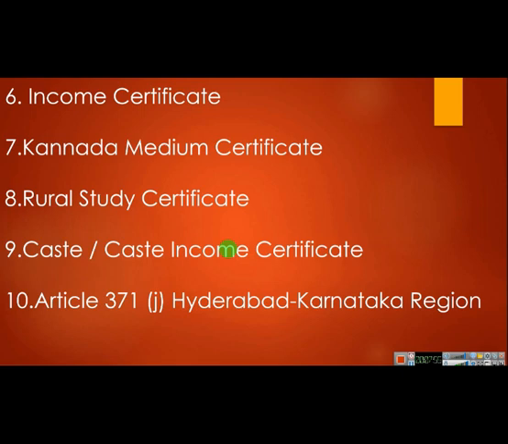This comes under only the Hyderabad Karnataka students. Only those students who are from Hyderabad Karnataka have to submit this particular form. So you can see the 7th one, the 8th one, as well as the 10th one are exceptions. Not all students need to have these certificates. Depending upon the student, you can arrange these certificates.